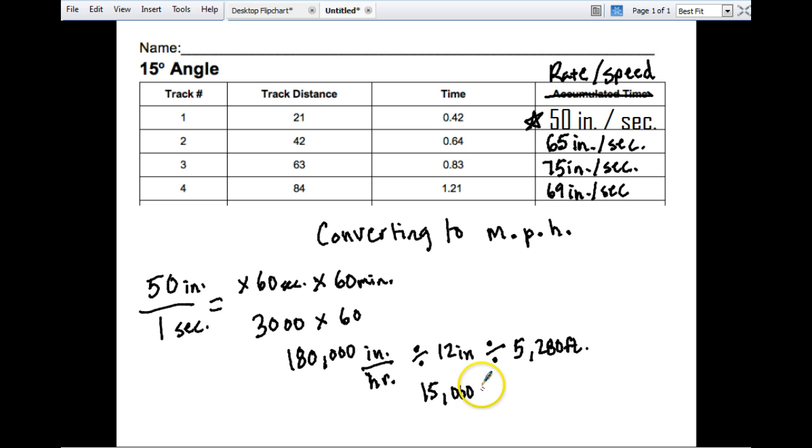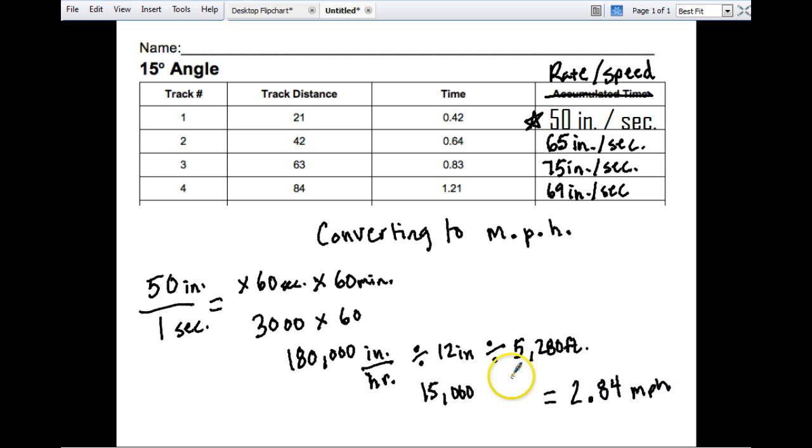Then I will take 15,000 divided by 5,280, and I will get 2.84 and some decimal. You can just round it to the nearest hundredths.